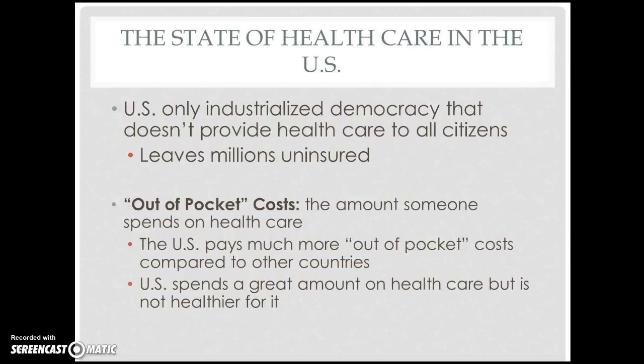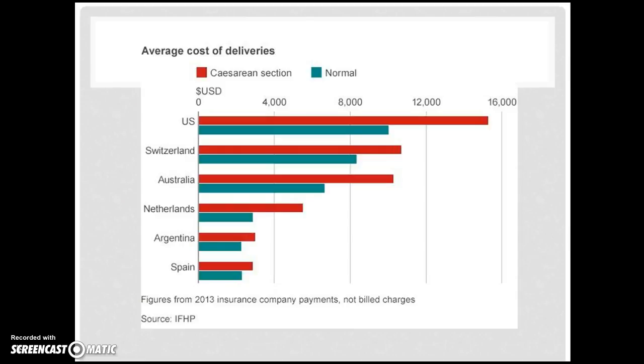Although we spend a lot more on healthcare, it doesn't mean that we're healthier for it. We actually don't have an upper hand in the health qualities of our citizens. We have some of the most unhealthy citizens in the world.